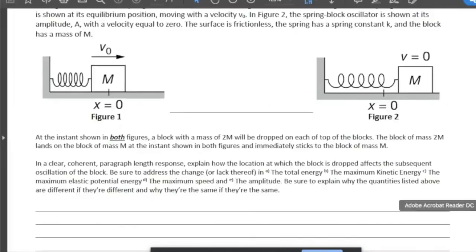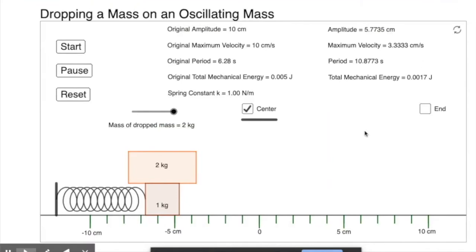And once again, we've already addressed it, but the last two questions ask about the maximum speed and the amplitude. Now, it's not quite enough to say that the maximum speed decreases because there's more mass. The maximum speed decreases here even more than it did in the previous situation, because not only is there more mass, but now there's also less kinetic energy than there was initially because of the nature of the perfectly inelastic collision.